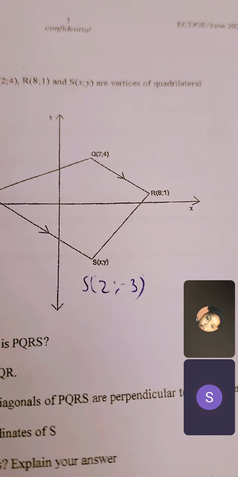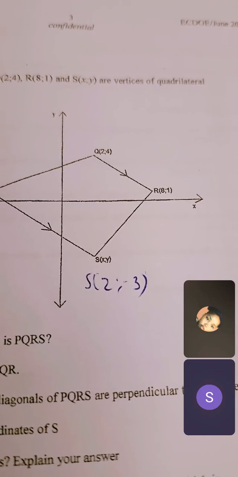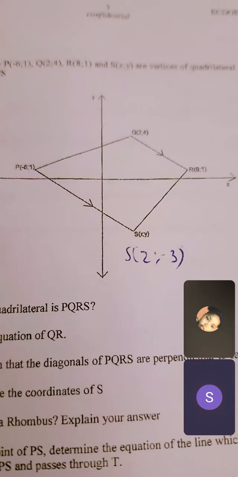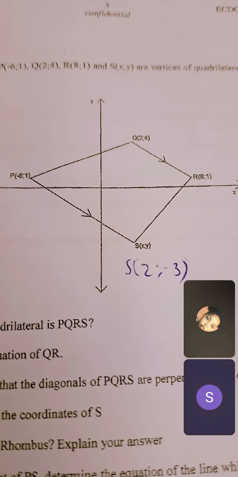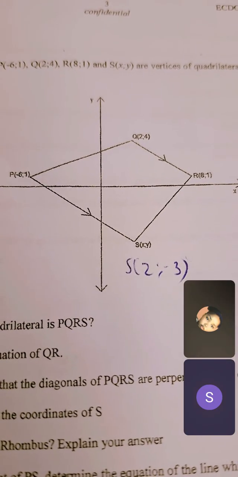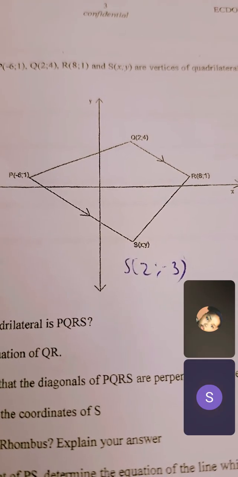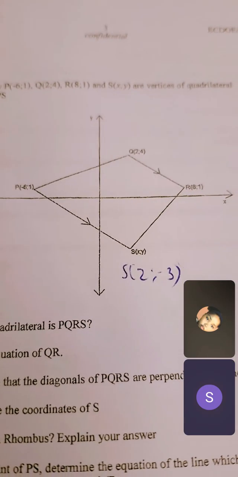Is that your midpoint as well, junior or senior? Yes, sir, it's also my midpoint. Okay, then for the midpoint of PR, what do you guys get? I got 1 and 1. Okay, is that true for you, junior? Yes, sir, it's also PR.